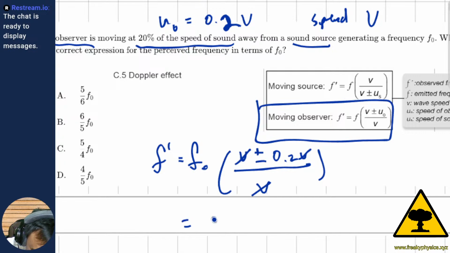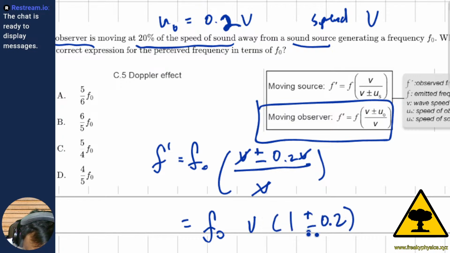So F0, then V times 1 plus or minus 0.2 all over V, right? So that cancels out. We're left with F prime equal to 0.8 F0, or F prime equals 1.2 F0.